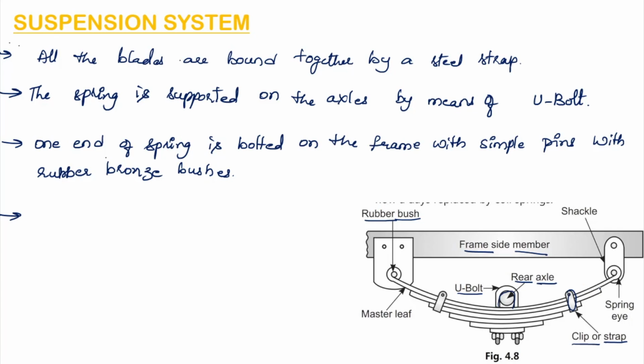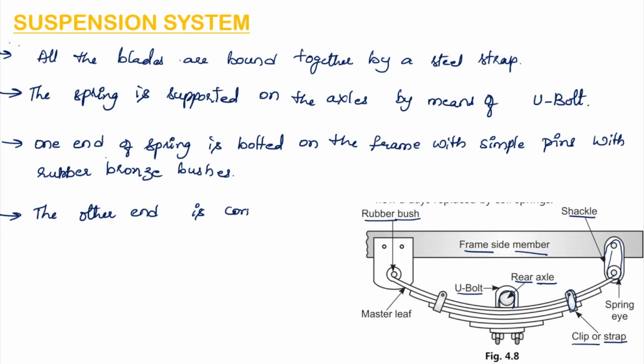The other end is connected to the frame with a shackle. Here you can see the other end of the spring is connected to the frame with a shackle, which is in the oval shape.